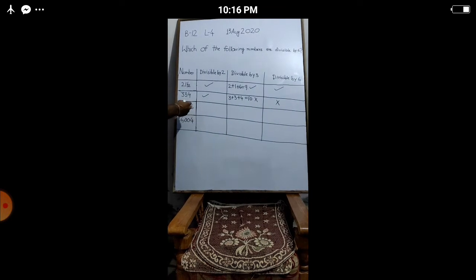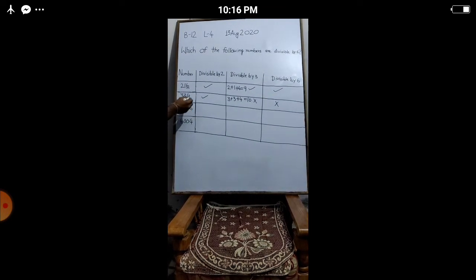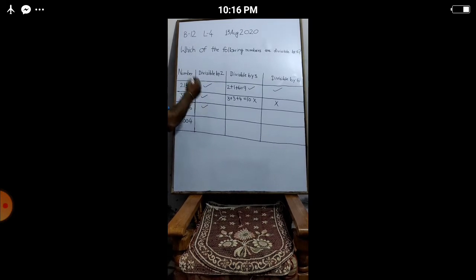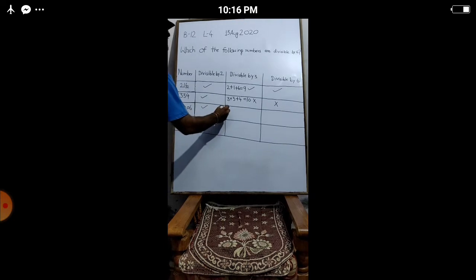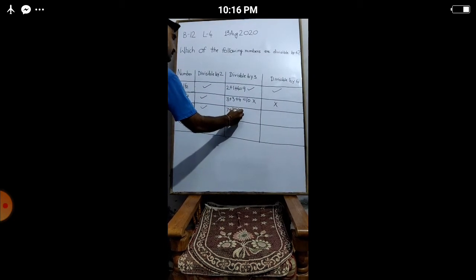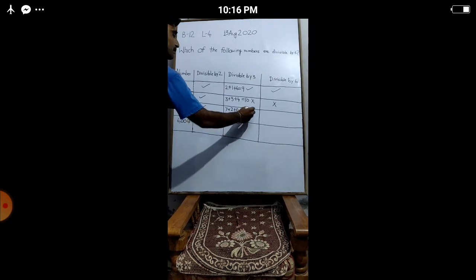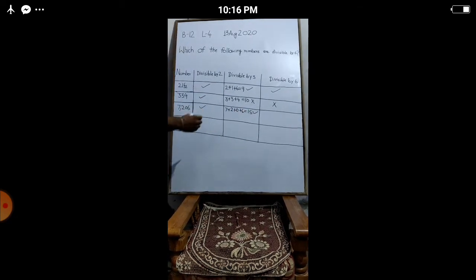Now 7206 is an even number, so divisible by 2. Now 7 plus 2 plus 0 plus 6 is 15. Is 15 divisible by 3? Yes. So 7206 is divisible by 6.